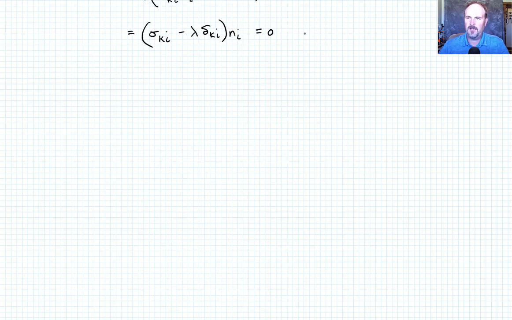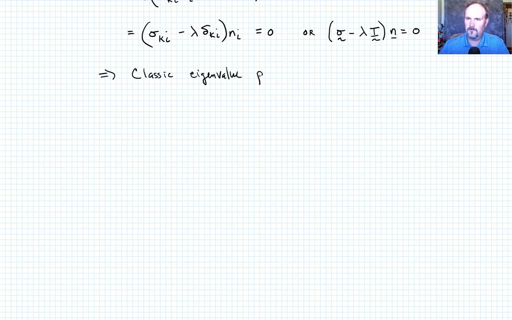Hopefully this becomes a recognizable problem. Maybe if I write it in matrix form, you'll be more familiar with it. What it says is that sigma minus lambda I times n is equal to 0. Hopefully you recognize this as the classic eigenvalue problem. So what does this mean?